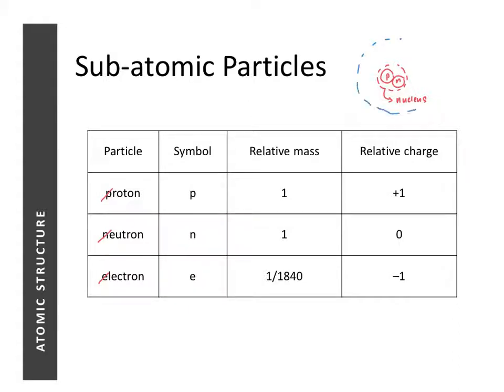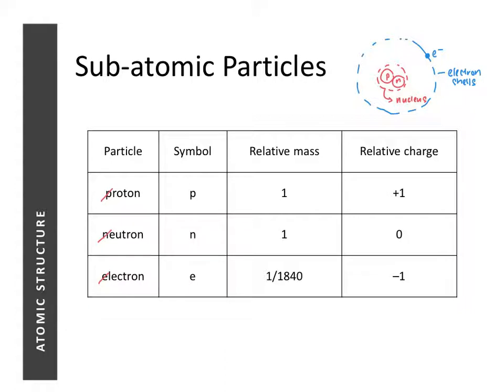They orbit around the nucleus in what we call electron shells. Again, protons and neutrons are found inside the nucleus, and electrons are orbiting the nucleus in electron shells.